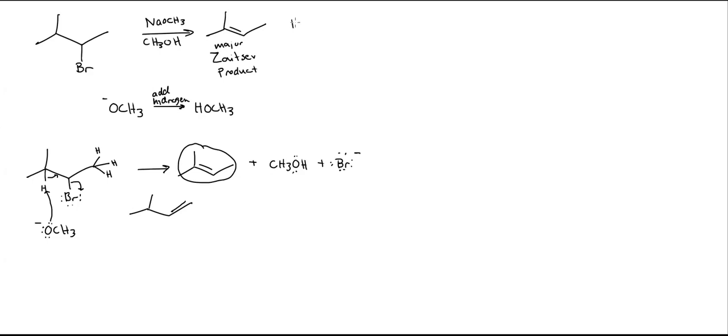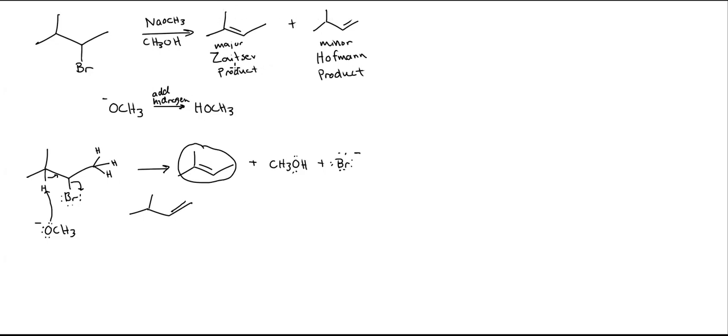But my minor product is going to be this one. So this one's going to be minor, all right? And this has a name. This is the Hofmann product. So let's just think about this. The Zaitsev product is the product that is most highly substituted, right? This one has 3 things around it.